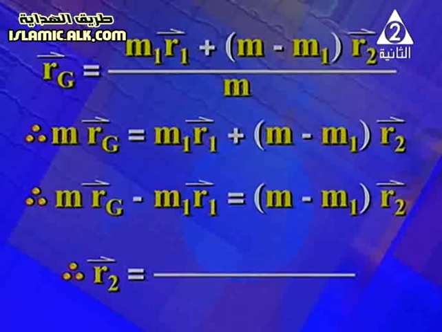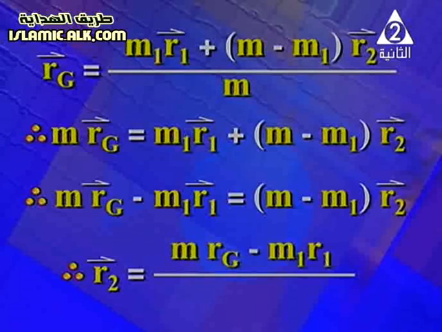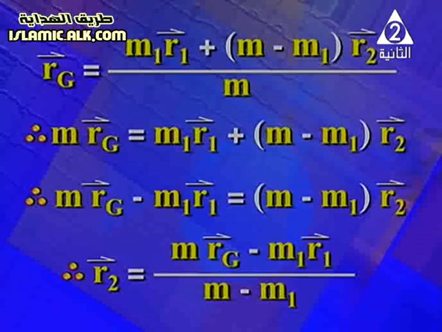Using this equation, we find the position vector R2 of the remaining body equals (m rg minus m1 r1) vector over (m minus m1). Remember, the position vector of the remaining body is called R2, equal to (m rg minus m1 r1) vector over (m minus m1).